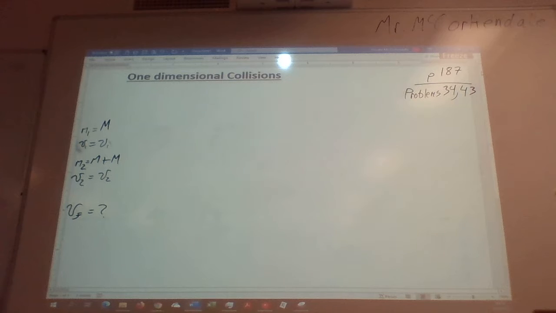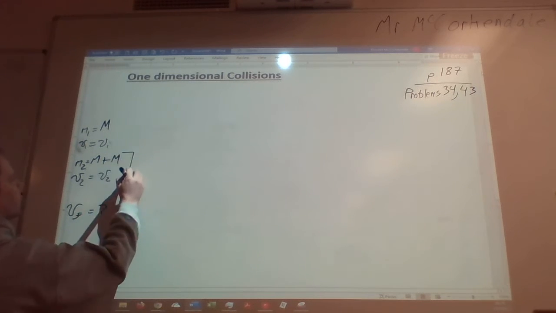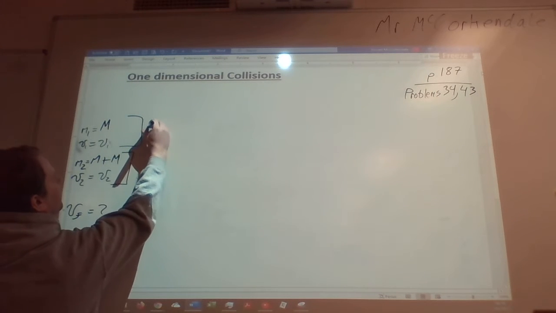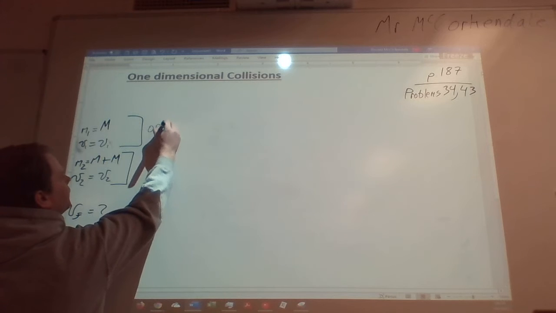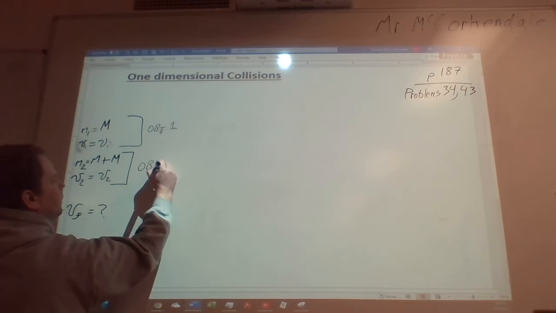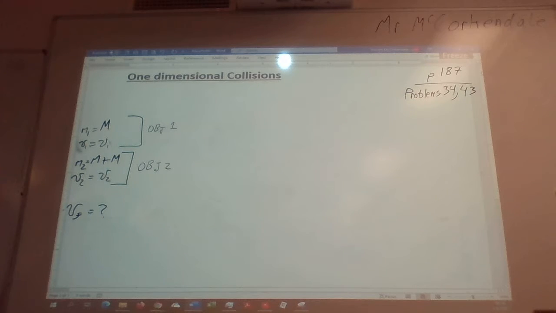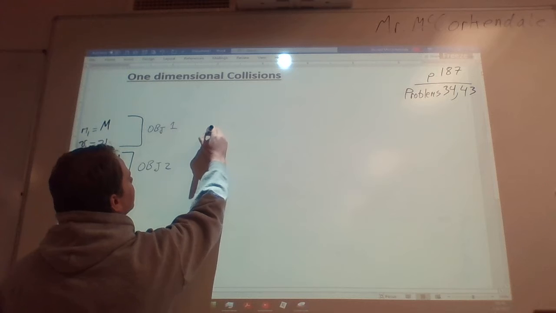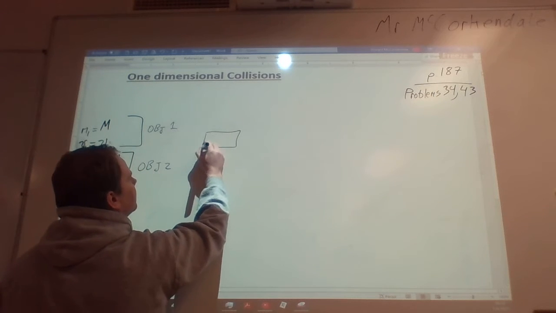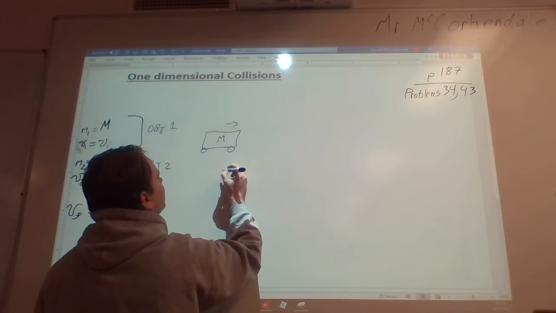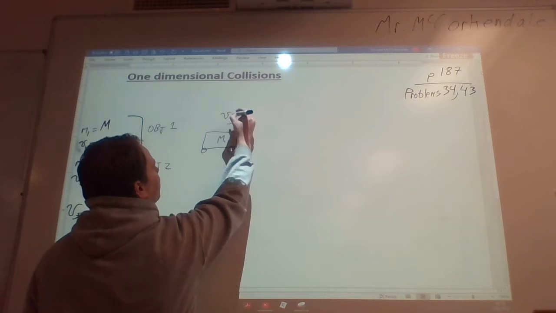Now, normally this will be a little simpler, so I want to lay out a couple of things real quick. This is going to be object 1, and this is object 2, where we have the first car that's moving along with mass M and traveling at velocity V1.